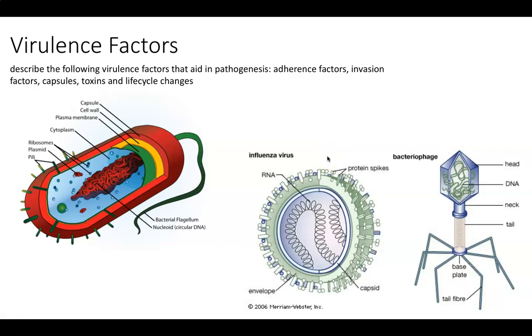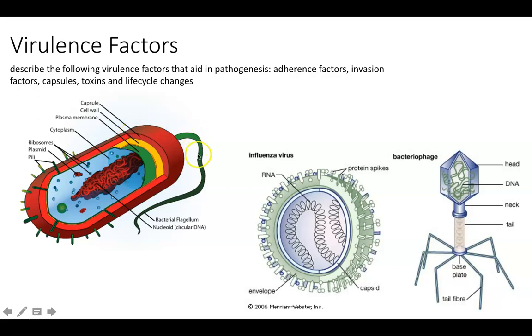But let's look at how these different things actually get started in the first place. So the virulence factors of bacteria and viruses can differ drastically due to the obvious differences in their look and composition. A bacterium's virulence factors can be based on, for example, its capsule, that's its outer surrounding part.